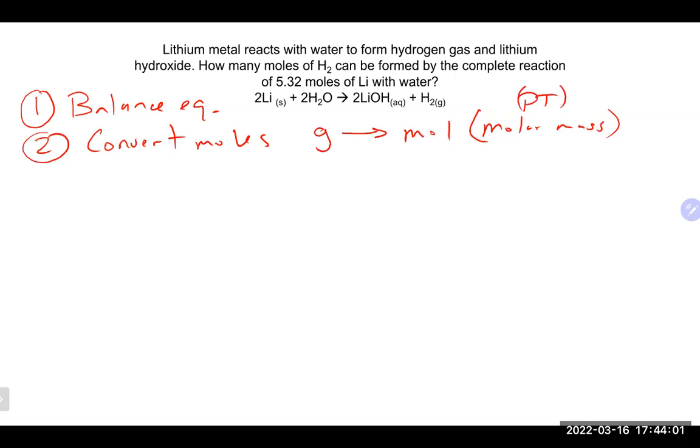Now that you have whatever they gave you converted into moles, the next thing is the big stoichiometry step of the calculation. You're going to go to the balanced equation and find the mole-to-mole relationship.